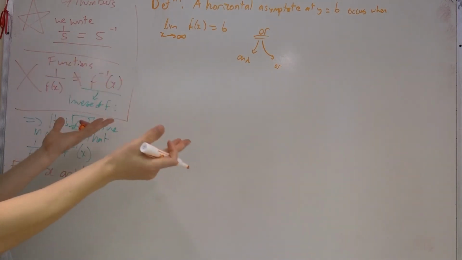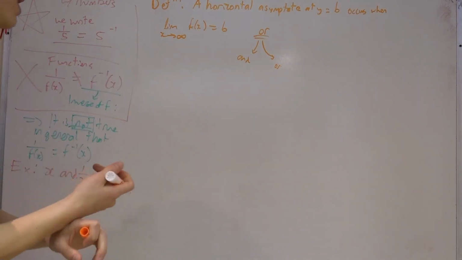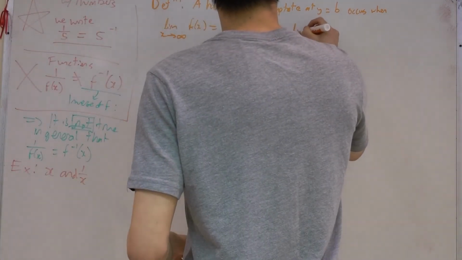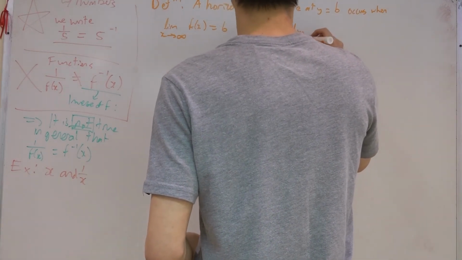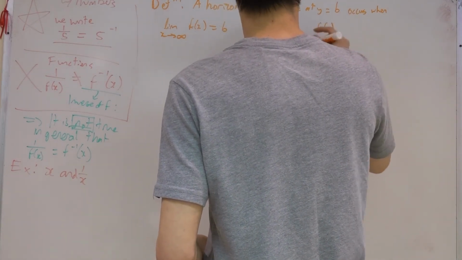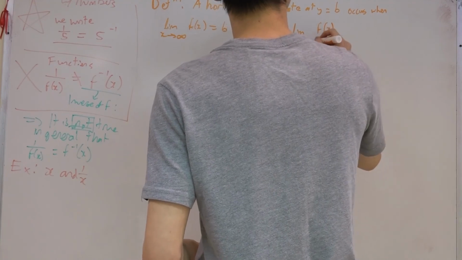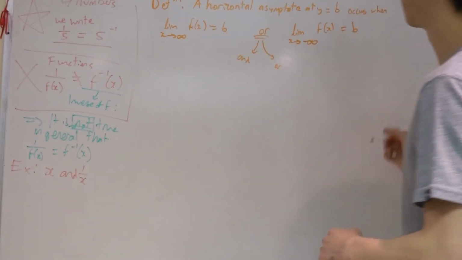So both of these could be true, or only one of them could be true. It doesn't really matter. So this should be negative infinity equals b.